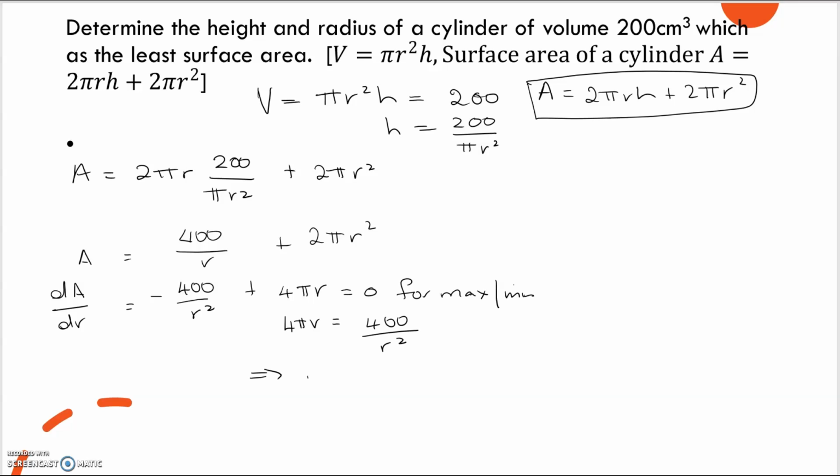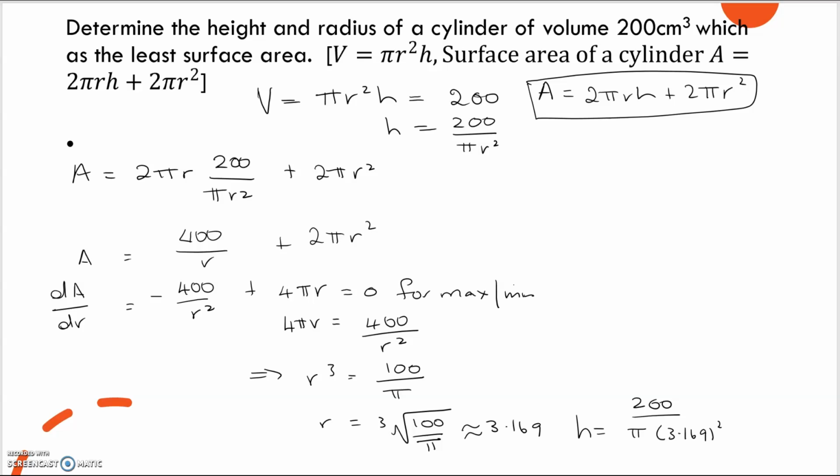And then that gives us that r cubed is 100 over pi, and r then we can find using our calculators as that number. We can put that back in to find h. And we get approximately double that.